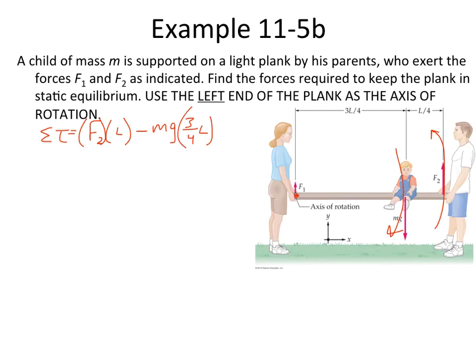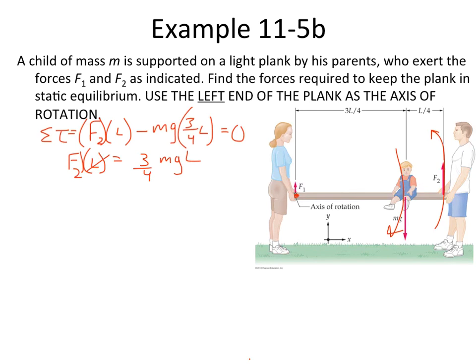Okay? So, since the net torque around any point is going to be 0, we can then say, all right, well, force 2 times the length is going to be equal to 3/4 mg L. Well, there's an L here, an L here.